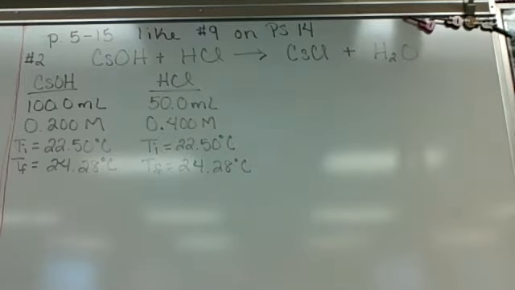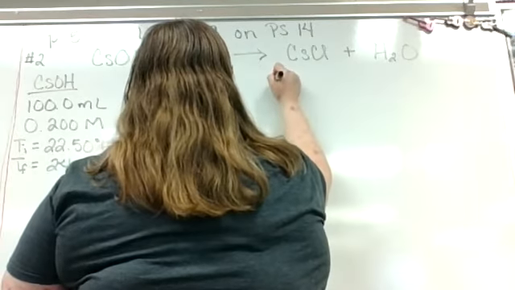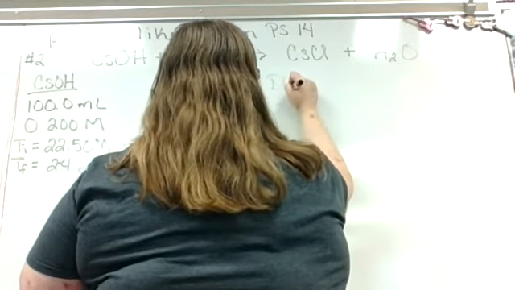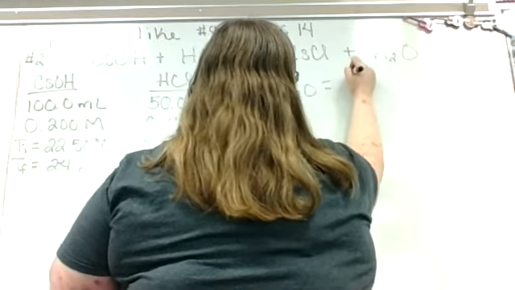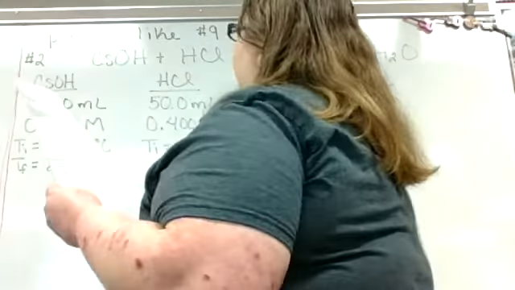So assume the volumes are additive, the densities of solution are 1 gram per milliliter, and the specific heat capacities are 4.2. I'm going to change that to 4.2 joules per gram Kelvin. The density is the density of H2O, which is 1 gram per milliliter, because it's a very low molarity.